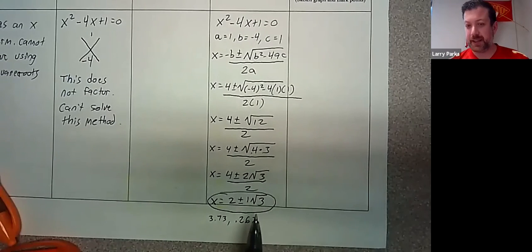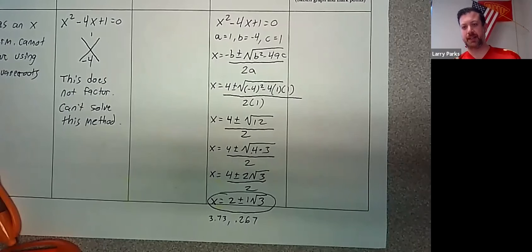Okay, this is the exact solution. These are the approximate solutions. Depending on what you're doing, sometimes approximate's okay. Let's go look at the graph, and I'm going to show you that it crosses at approximately 3.73 and approximately 0.267, but not exactly.